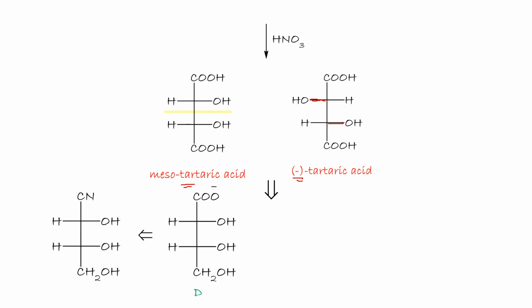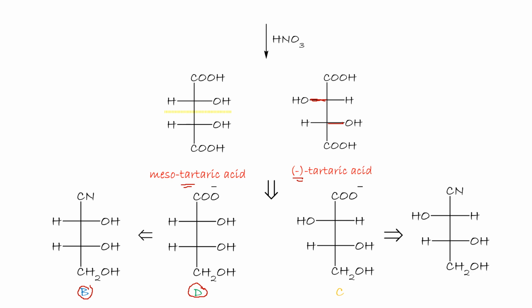So this one should be D, and this one should be B. Here, the negative tartaric acid will come from C, and C is coming from A. This is the meso structure of tartaric, and this one is the negative tartaric.